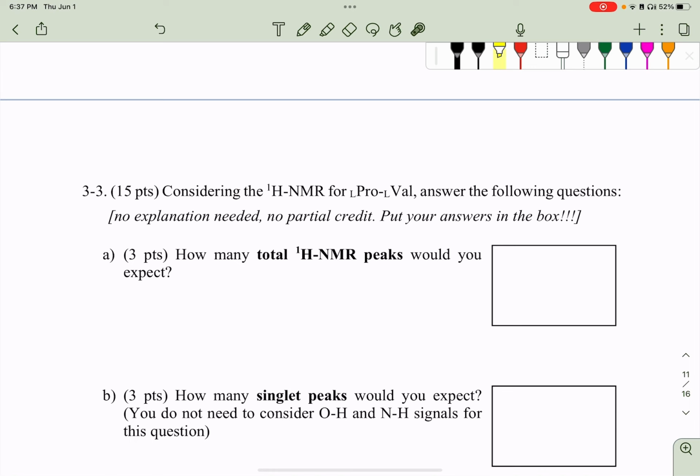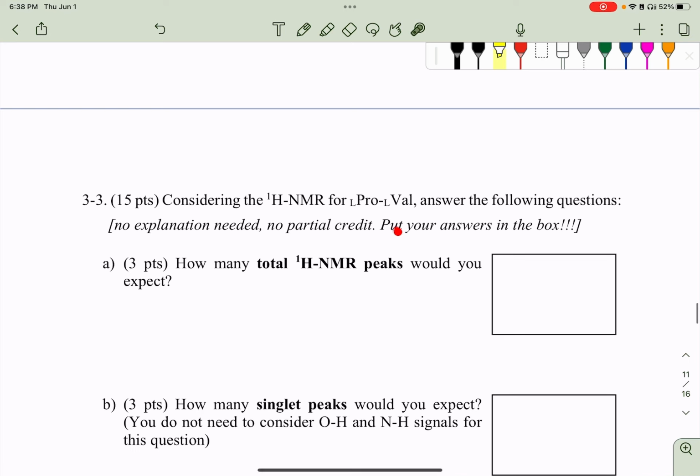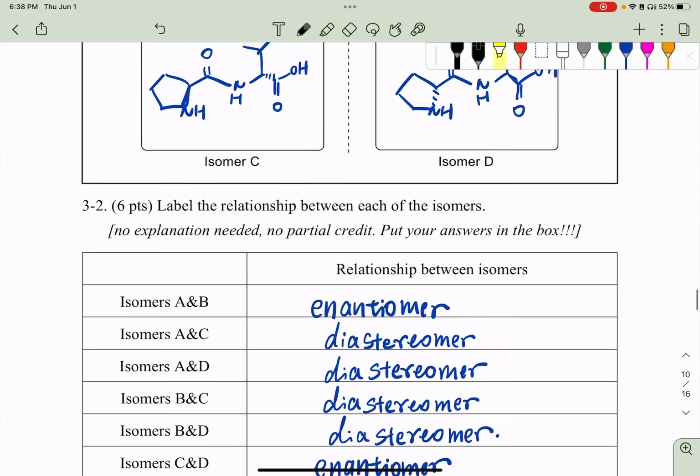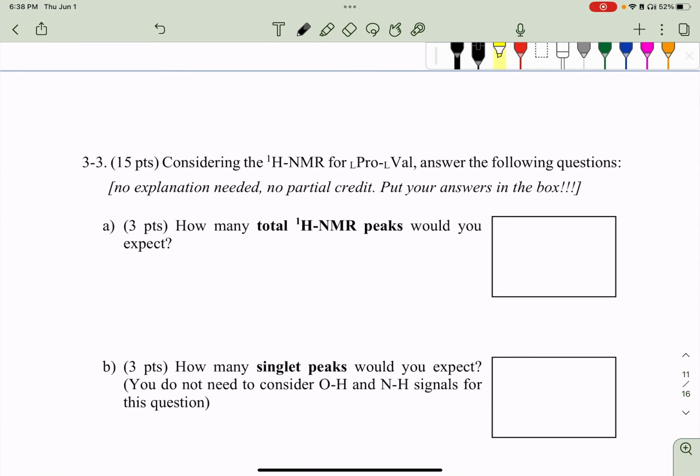Okay, NMR. Considering the proton NMR for this dipeptide, answer the following questions. No explanation needed, no partial credit. Put your answer in the box. So that's our box. Okay, so in order to answer this question more easily, I might want to redraw my molecule.